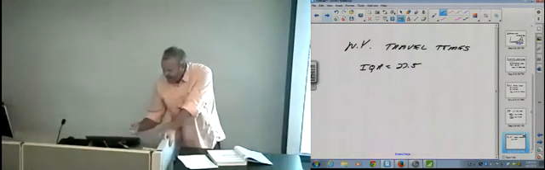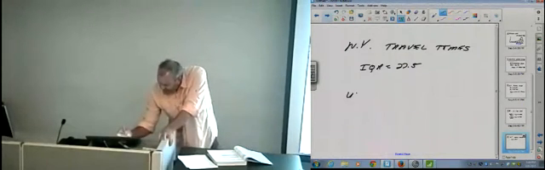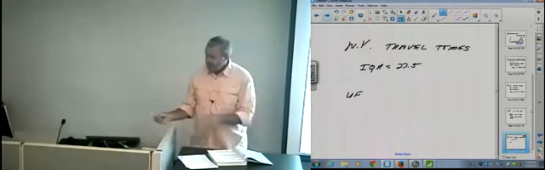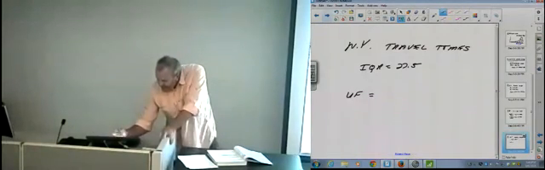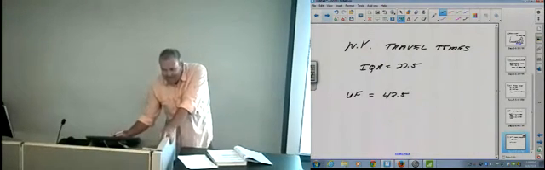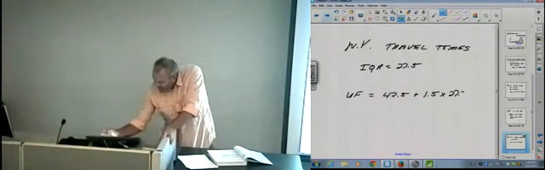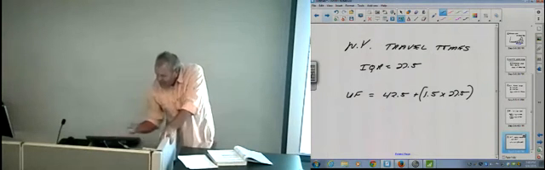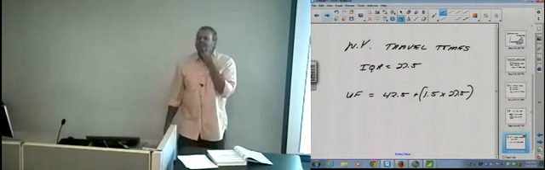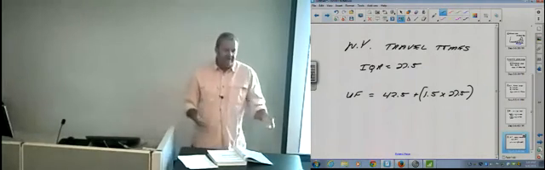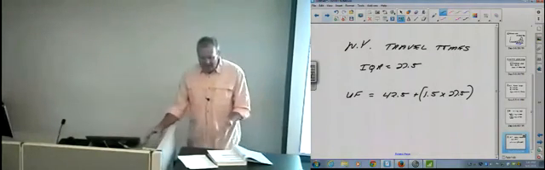Okay? Now, if I want to set the upper fence, I'm just going to use that. I'm going to take, that's your third quartile, right? Plus 1.5 times 27.5. Right? So, I mean, you can do the 1.5 times 27.5 separate, and then you're going to add that to 42.5.